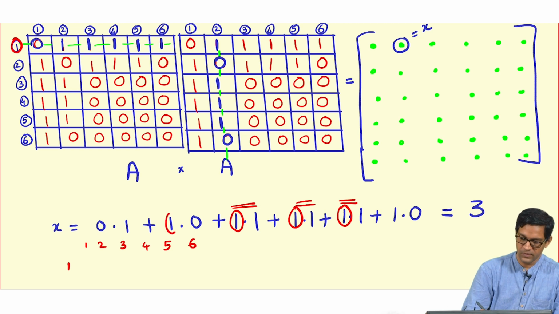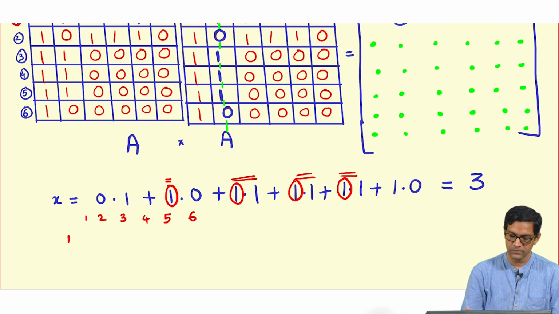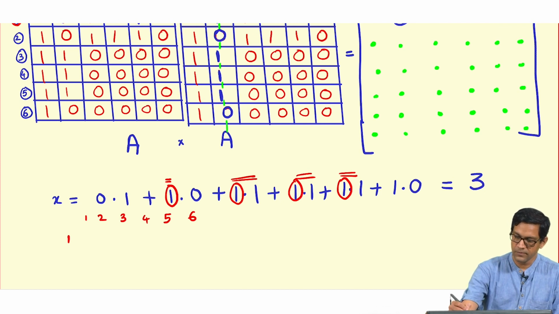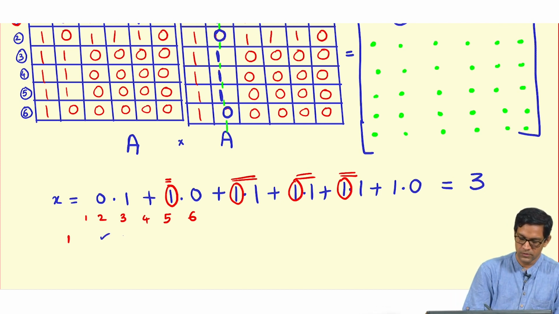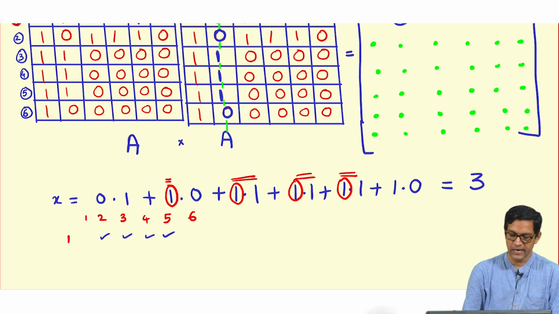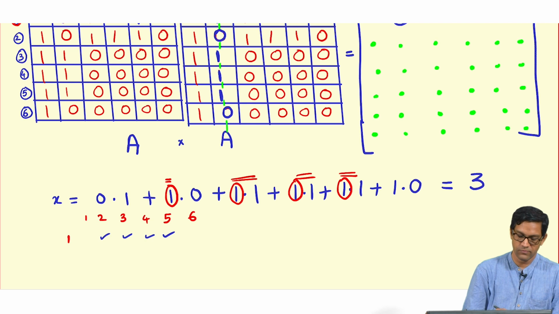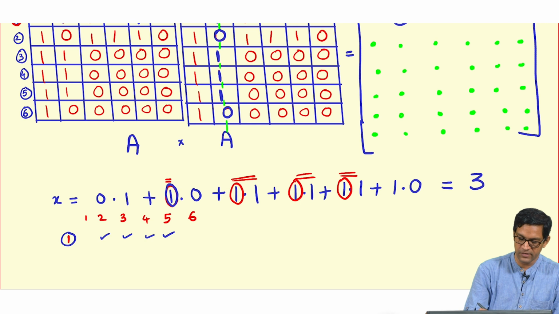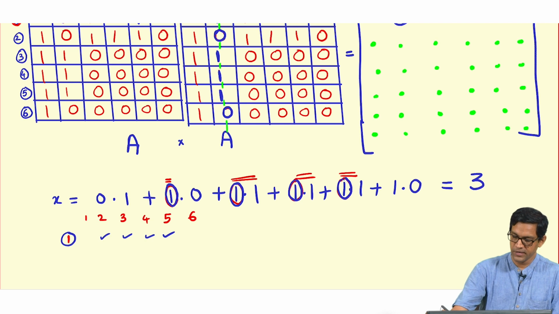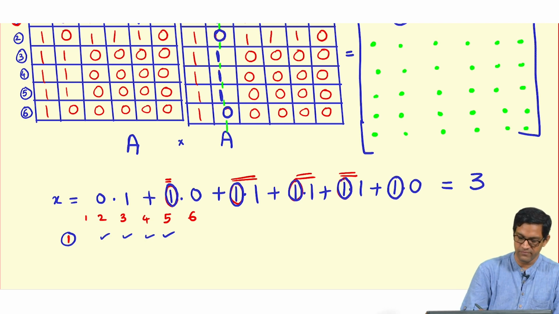In the first column, in the first entry, there were 4 of them actually. They are precisely the neighbors of the element 1: 2, 3, 4 and 5 were exactly the 4 neighbors of the vertex 1. Those neighbors were exactly the ones where I will see a 1 in the first term of the product. Sorry, there is also 6, 6 was also a neighbor. So, I also get a 1 there.